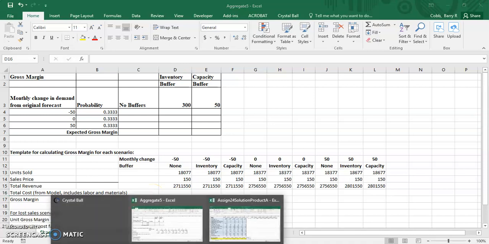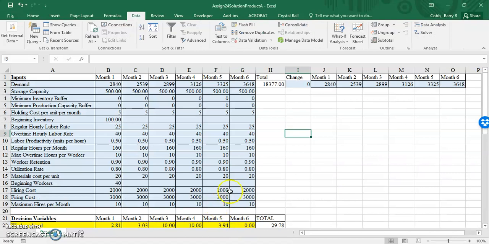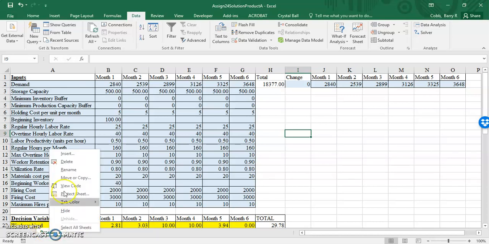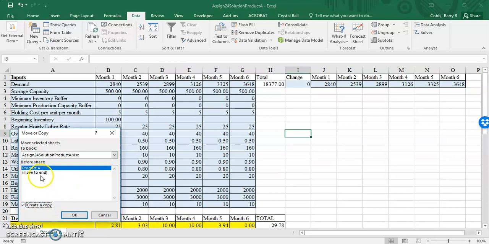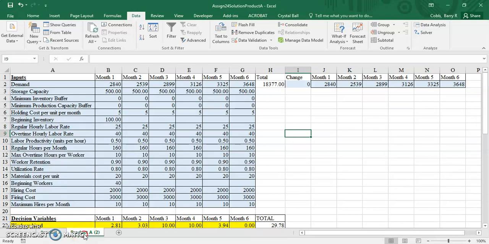We need to go back to the aggregate planning model. This is the original model. I'm going to copy this model to create a model that has a 300-unit inventory buffer.